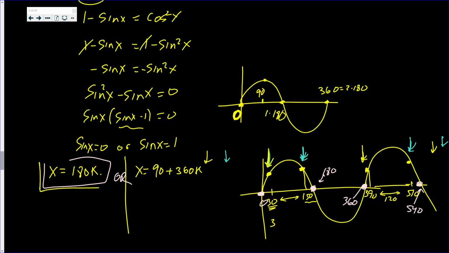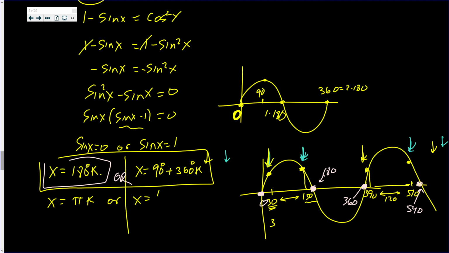So this is the complete answer. The other way of writing it is pi k, or pi over 2 plus 2 pi k. Those are equivalent answers. And that completes this section.